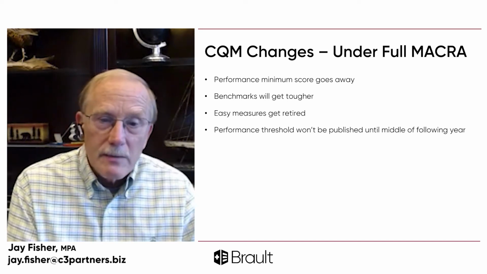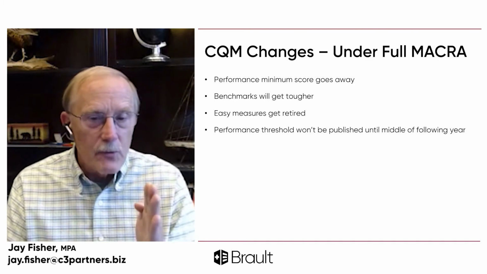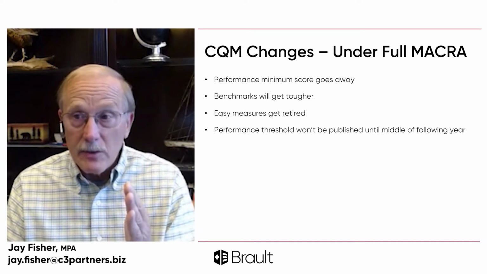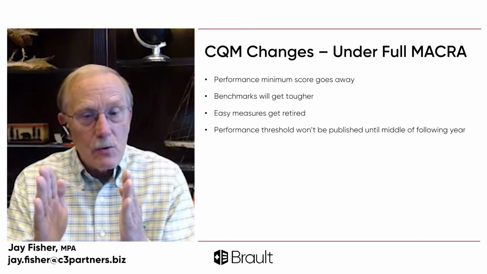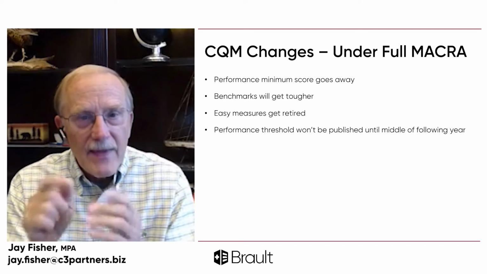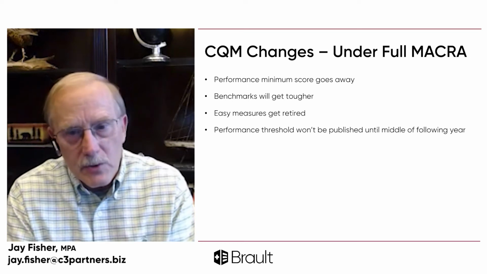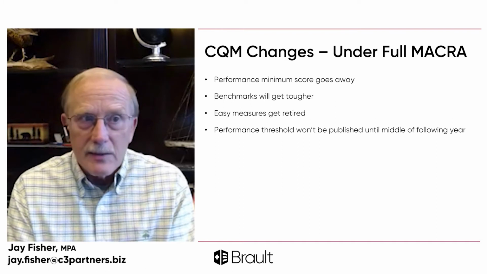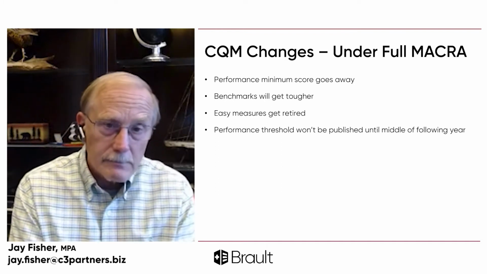What that number is going to be is based on a formula each year that says we're going to start with the performance threshold that was the median or mean that CMS determines, and then we're going to take 25% of the way between that score and 100 points, and that's going to be the high performance threshold. So figuring out what the high performance threshold is going to be and where you have to be to earn money is going to be another thing that's a little tougher to predict.